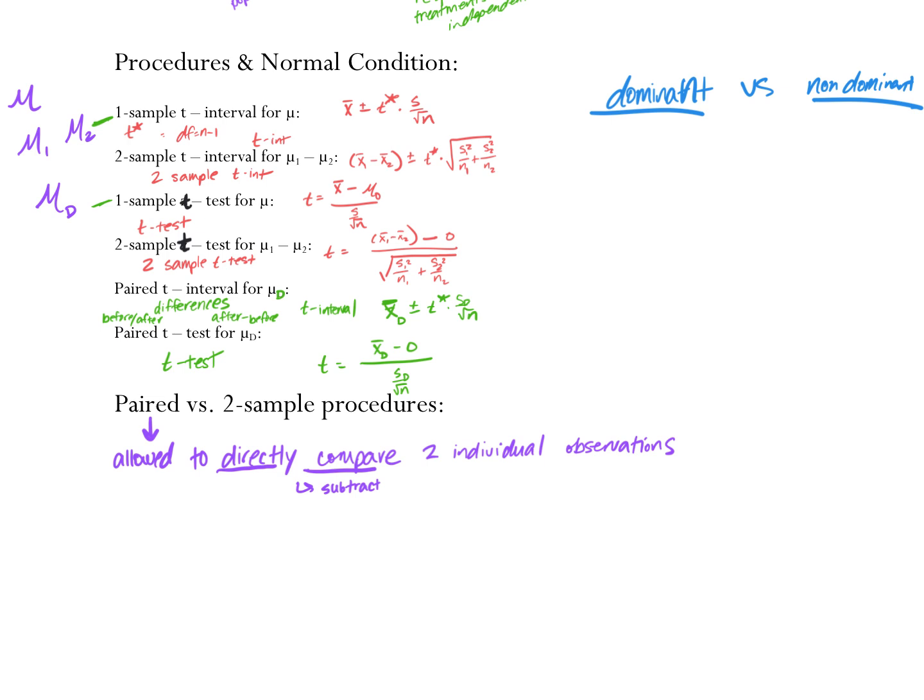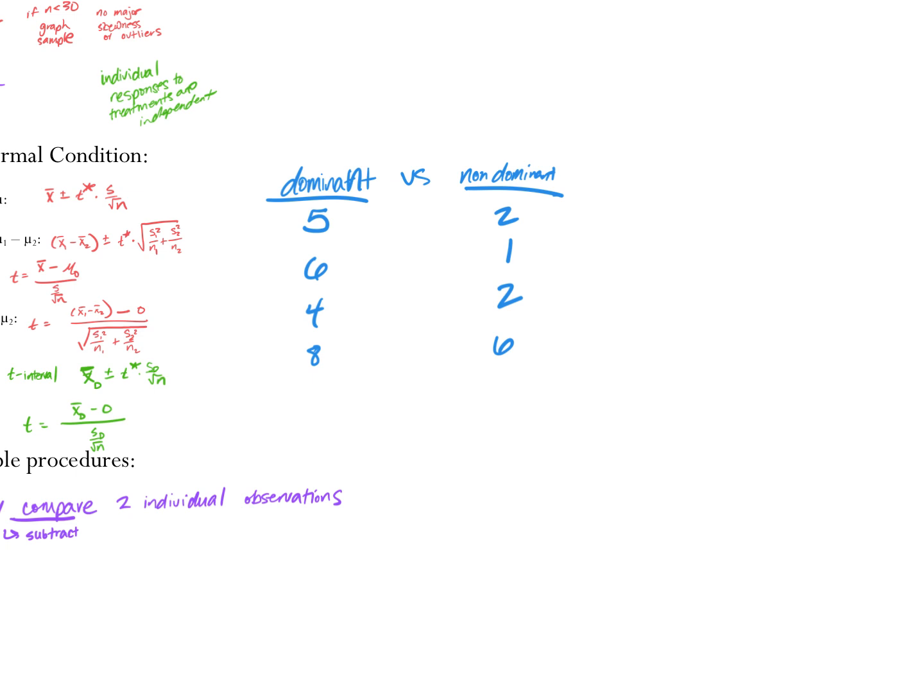And let's say for Mrs. Downer, it was 5 times with her dominant hand, 2 times with her non-dominant hand. And then Meister tries it, and it's 6 times and 1 time. And then Richards tries it, and it's 4 times and 2 times. And then Turner tries it, and it's 8 times and 6 times, and so on and so forth.